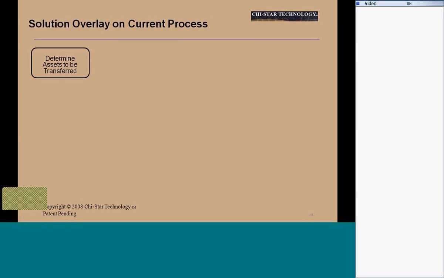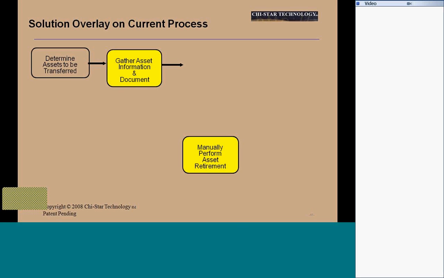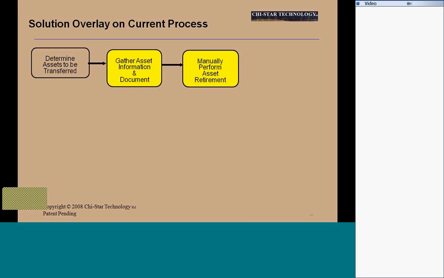So you still need to determine what assets need to be transferred. No longer will you have to document or gather information on assets. You will no longer have to perform an asset retirement. You still need to determine and select from a list of values how to treat the asset financially and with a life.